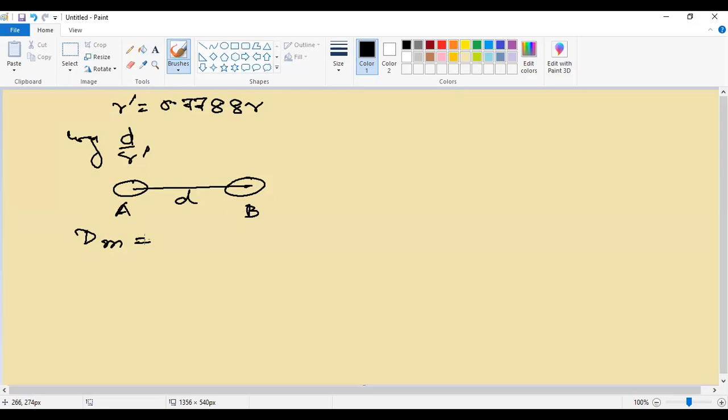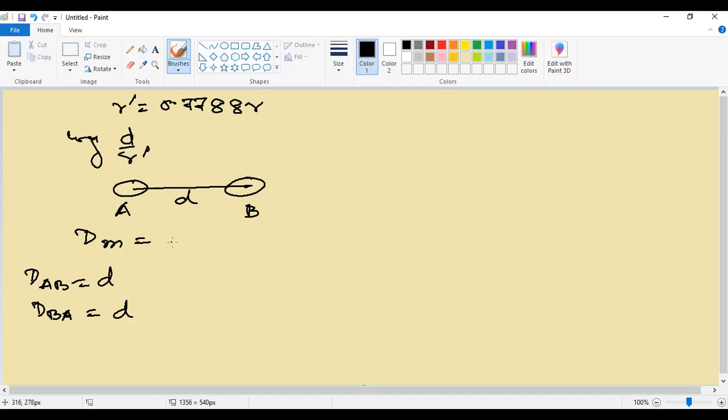So for the mutual GMD, there are two conductors, and their mutual distances from conductor A to B, it is DAB equal to how much? What is the mutual distance? It is small d. And what is DBA? That is also d.